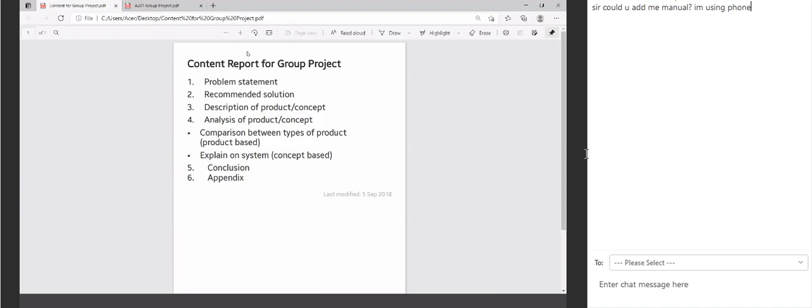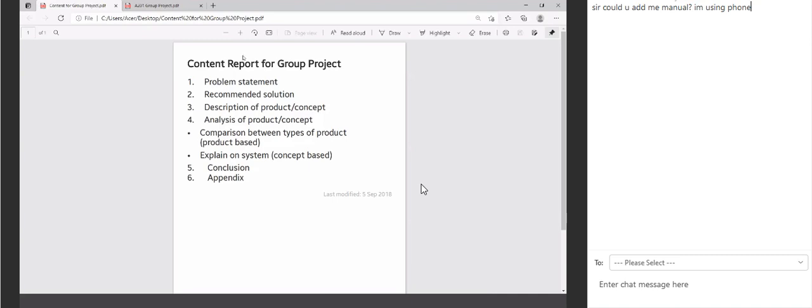So for analysis of the product, let me remind you again, because a lot of my students last semester were so confused. I don't want the confusion to ever occur again, so that's why I'm emphasizing this. Once you get the problem, you can choose either products from the available market, or you can design your own product.